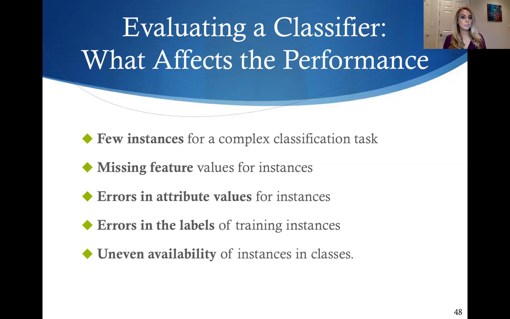Sometimes we should deal with missing features, where the value of this feature is missing. Then there are errors in attribute values, wrong entries in our data, and errors in the labels, the misclassified examples. Then the machine learns from the wrongly classified instances.